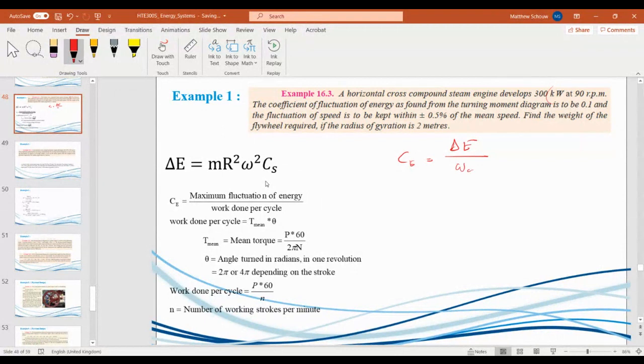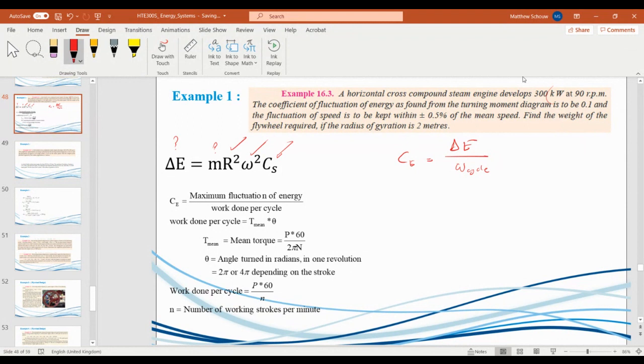So obviously, we have the radius. We're looking for the mass. We need to find this now. Omega we have, which is the mean speed, and CS we also have, which I talked about. Right.